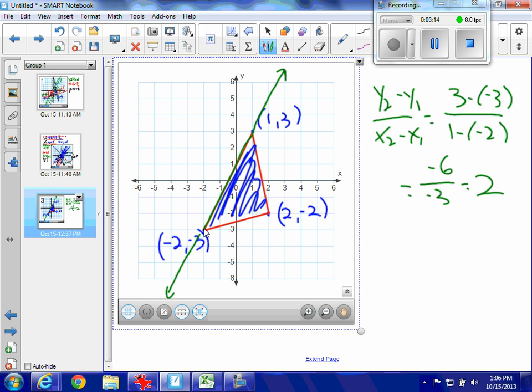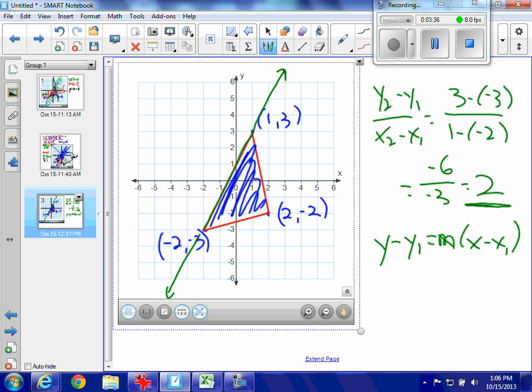But now I have to figure out the equation of that line. If I have the slope and I have 2 points, well, point slope, right? So y minus y1 is equal to m times x minus x1.